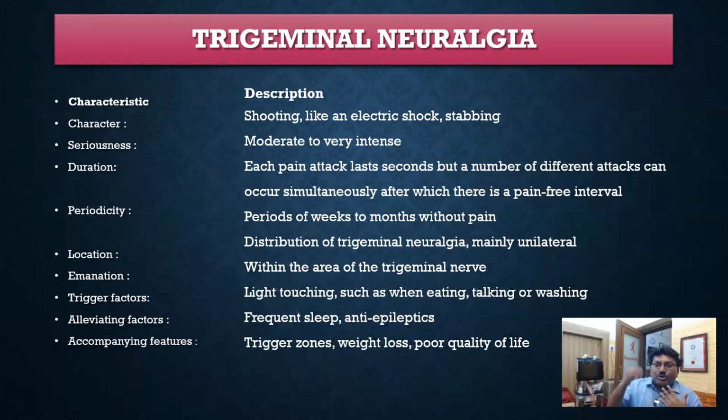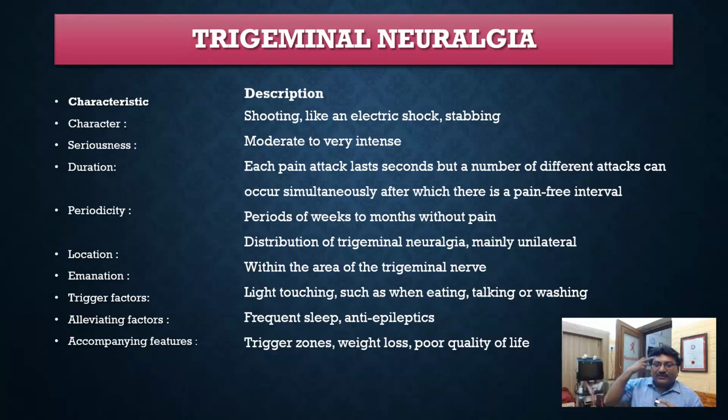But there could be successive attacks, and that can cause a lasting pain. It could periodically increase or decrease, with some durations where the attacks are comparatively less. It is mostly unilateral, and in the location of the trigeminal nerve.